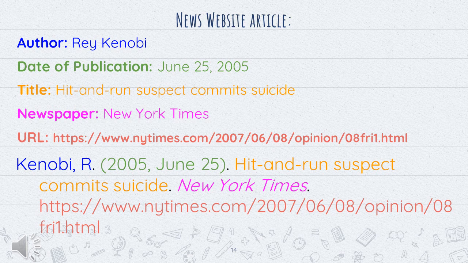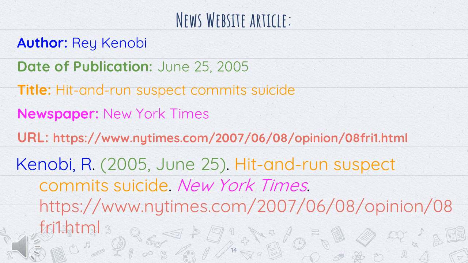Just like what we did a while ago, ganun lang din po, but this time, ang kinaibahan, you're going to put the URL or the link itself at the end, right after po ng pangalan ng newspaper. So, we have Kenobi, the surname, comma, the initial letter is R, since pangalan niya ay si Ray, period, open and close parenthesis.